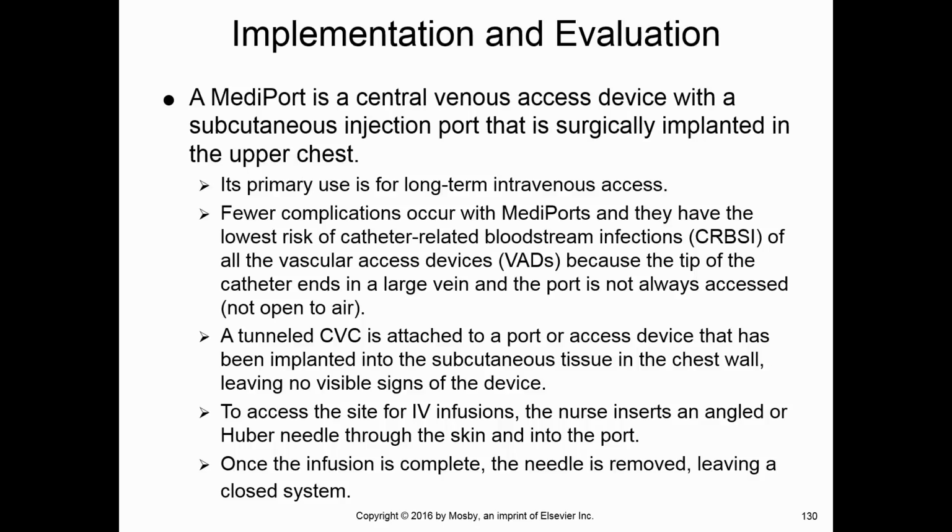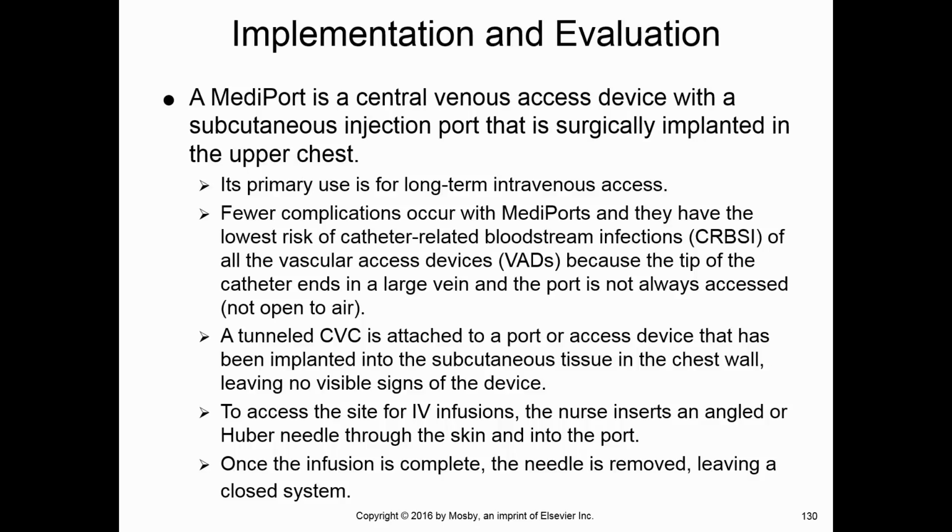The port is basically a central venous catheter, okay? But the catheter, instead of exiting the skin through a tube, and then you have this tubing, there is this little port, or for lack of a better word, a little box underneath the skin, okay? And the central venous catheter is connected internally to this port into the vein.